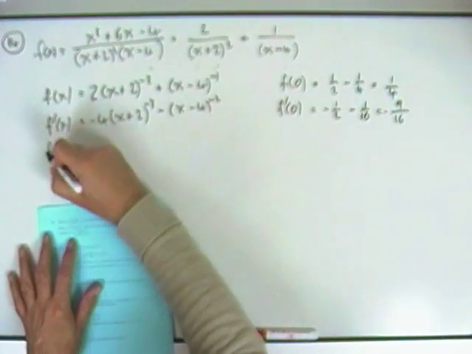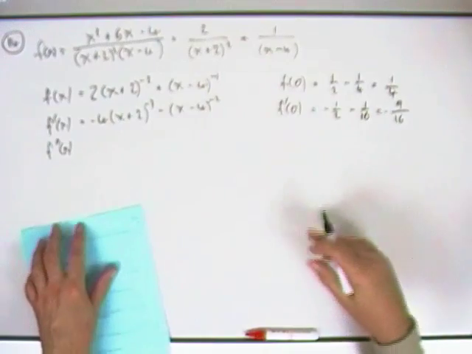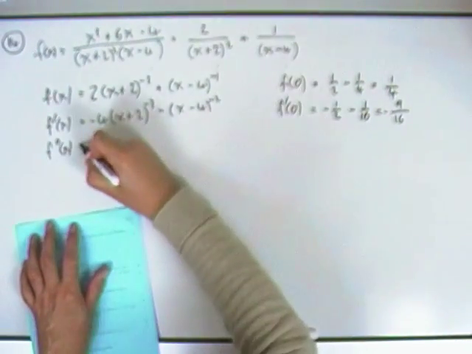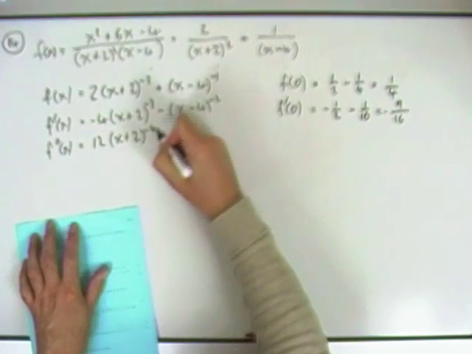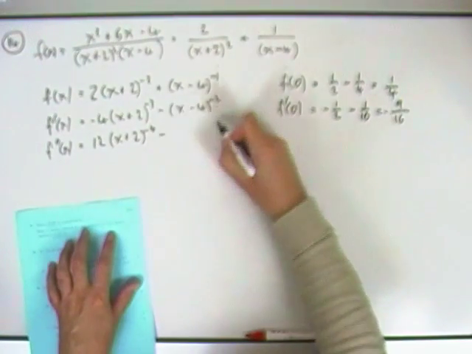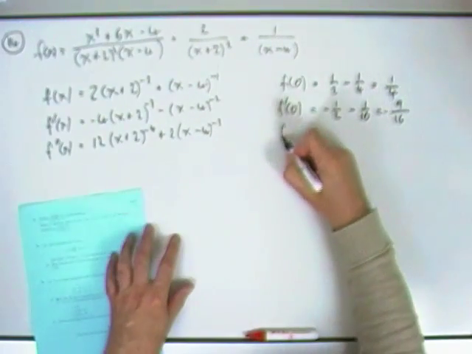So these are turning a bit nasty. But there's only one more to find, and hopefully this is it. Again, multiply by the power, so it's 12 times (x plus 2) to the negative 4, no inner derivative to worry about, plus 2 times (x minus 4) to the negative 3.